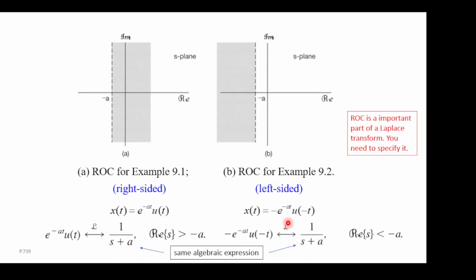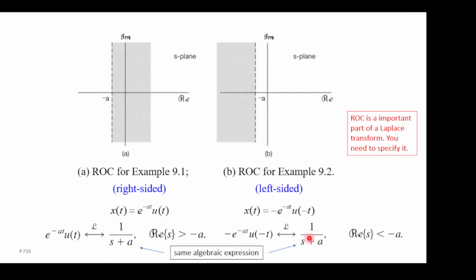Because they have this nice 1 over s plus a fraction, we also use them to do all sorts of inverse Laplace transforms. So skip ahead a little bit. We'll do partial fraction expansion, mostly for rational functions.